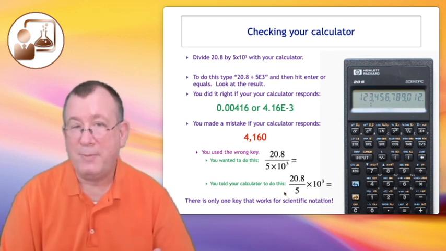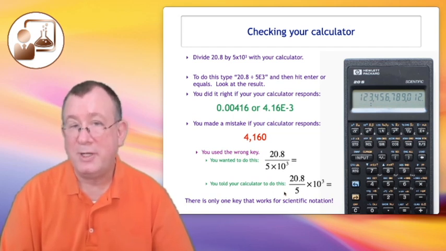If you hit the wrong key on your calculator, if you use that 10 to the x or the y to the x, your calculator would be thinking you're giving it the expression 20.8 divided by 5 times 10 to the third, and you would get a number like 4,000.